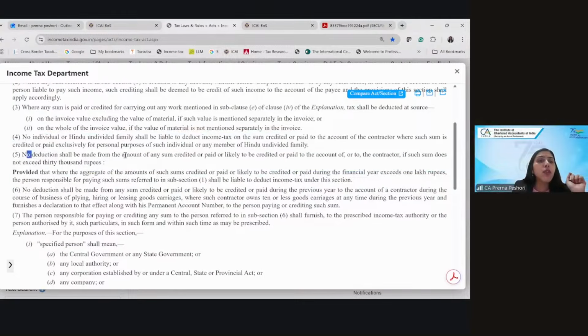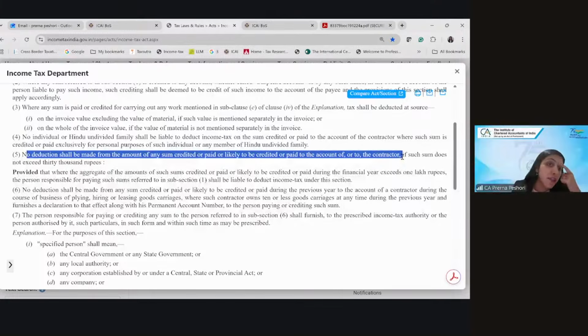Then what they are saying, no deduction shall be made from the amount of any sum credited or paid or likely to be credited or paid to the contractor if such sum does not exceed 30,000, provided if the aggregate of the sums paid during the financial year exceeds 1 lakh rupees, then the person shall be responsible for deducting the income tax.